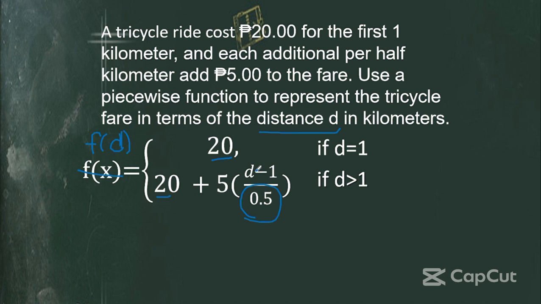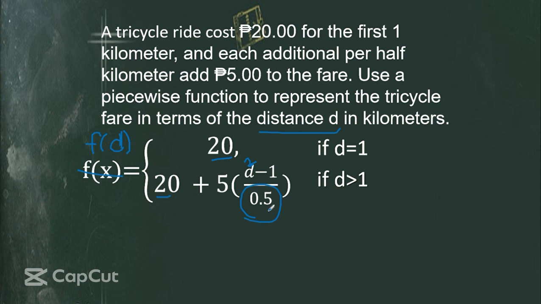Where d is the distance you traveled. For example, you travel for 2 kilometers. So, you substitute d equal to 2. Then 2 minus 1 is 1. And then 1 divided by 0.5 or 1/2.